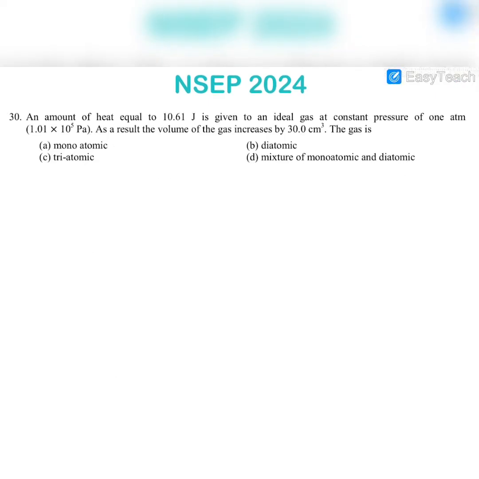In this question, you can see that an ideal gas is given a heat of 10.61 joules, and the pressure is kept constant. The pressure P is 1.01 into 10 raised to power 5 pascals. The heat given is 10.61 joules, and delta V is the change in volume, which is 30 into 10 raised to power minus 6 meter cube.